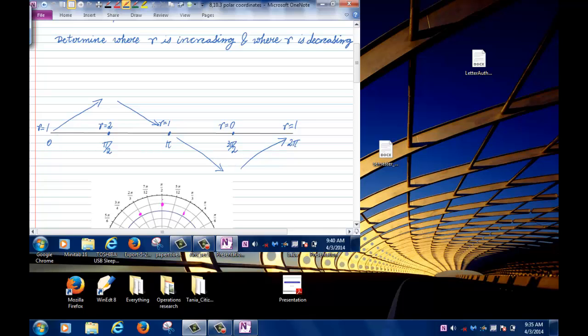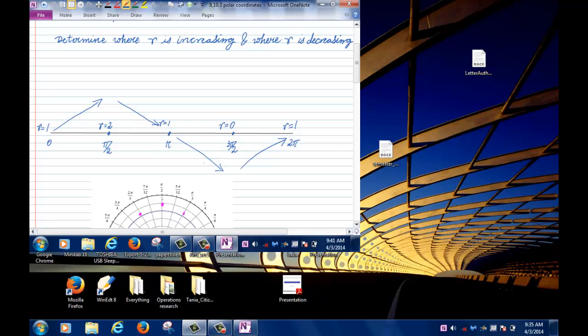Between pi over 2 and pi, the sine function is decreasing, so 1 plus sine theta will also be decreasing, and so we have that it is decreasing up to pi, and then the remaining is similar. Between pi and 3 pi over 2, sine is decreasing from 0 to negative 1, so 1 plus sine theta is decreasing as well, and then it increases after that.